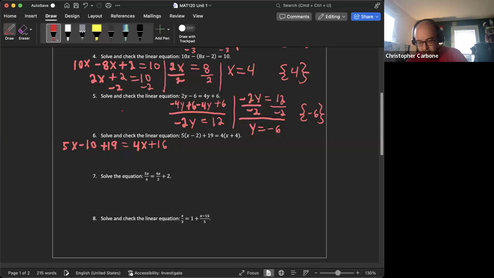Combine the negative 10 and the positive 19. That makes 5x plus 9 is equal to 4x plus 16. So we are going to subtract 4x from both sides.